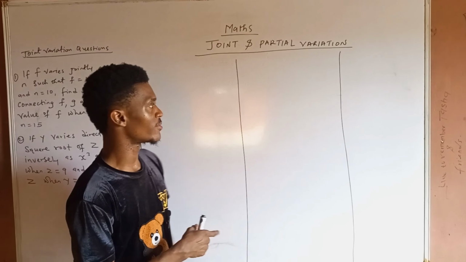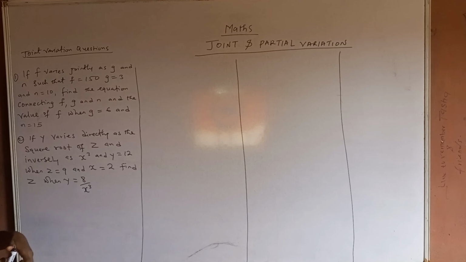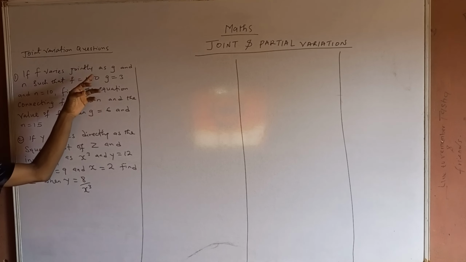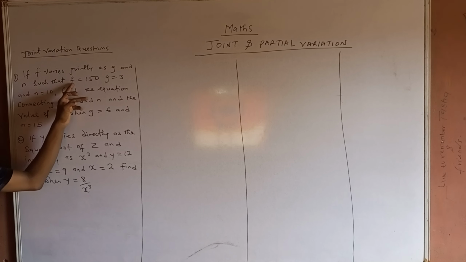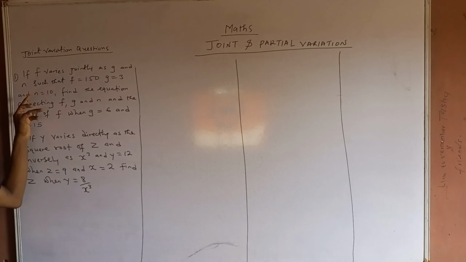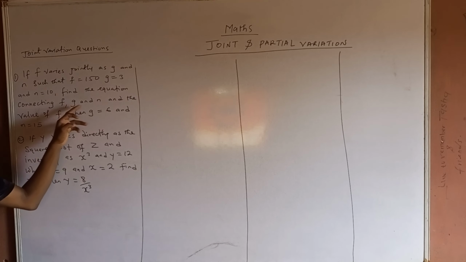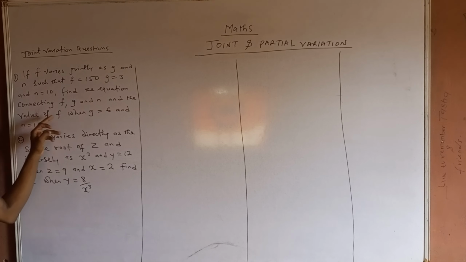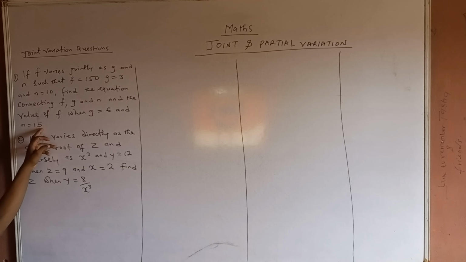Okay, now the questions are written on the board. We have two questions for joint variation. The first is, if f varies jointly as g and n such that f is 150, g equal to 3, and n equal to 10, find the equation connecting f, g, and n, and the value of f when g is equal to 6 and n equal to 15.